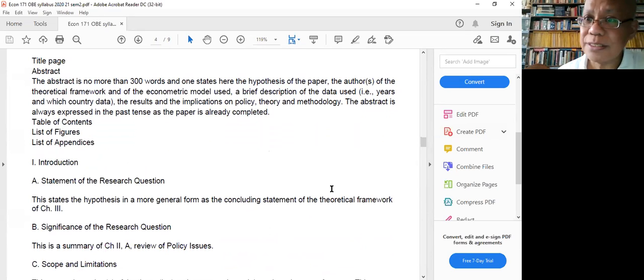So this is the research paper before Chapter 1. So meron kang title page. Kopyahin nyo yung title page na ginawa ng mga nag-submit ng thesis last semester, which I put sa Canvas, available yung thesis na yun. Then, after the title page, usually there's a blank page, and that is a requirement.